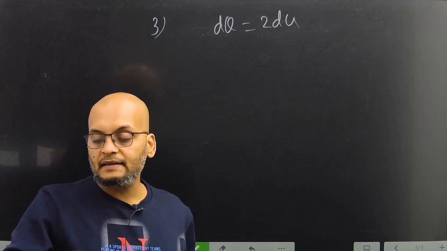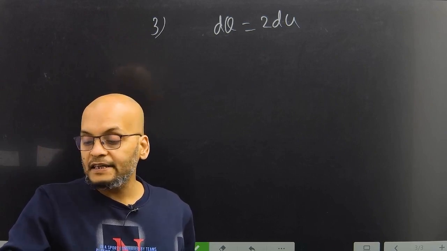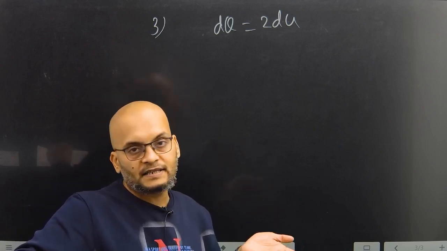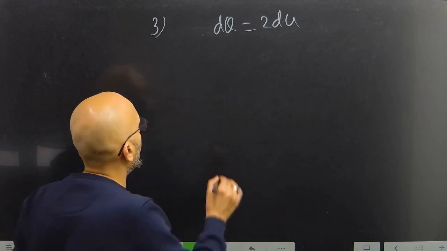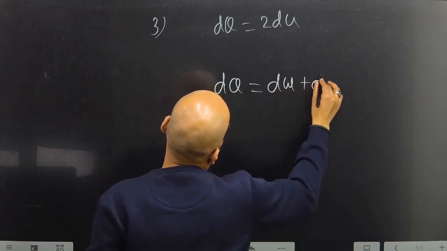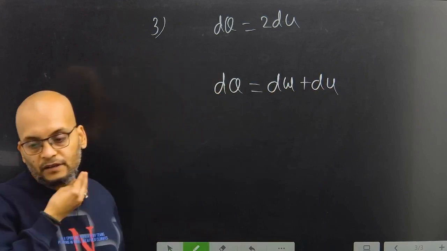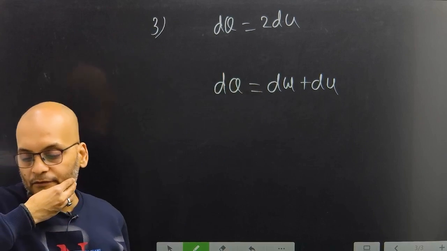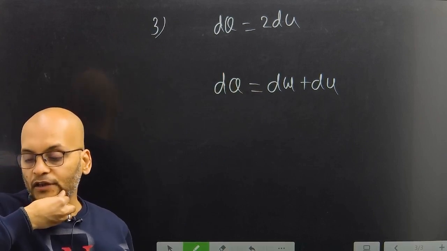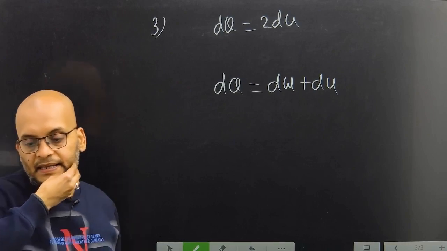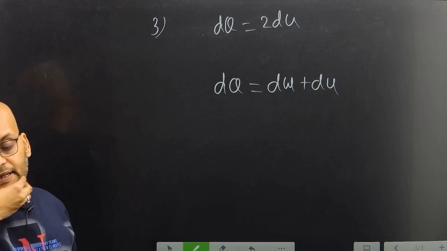They are saying that the dQ and dU relation is given, and dQ is the heat supplied to the system. We all know that if heat is supplied to the system, the heat will be positive. Now they are saying molar heat capacity, monoatomic gas.